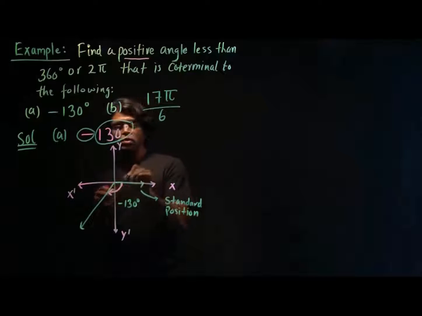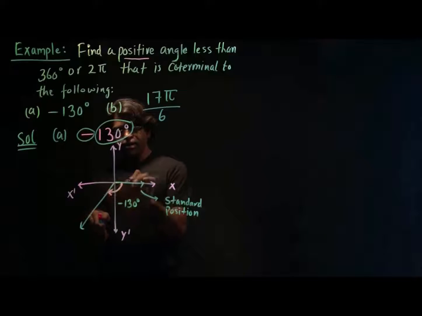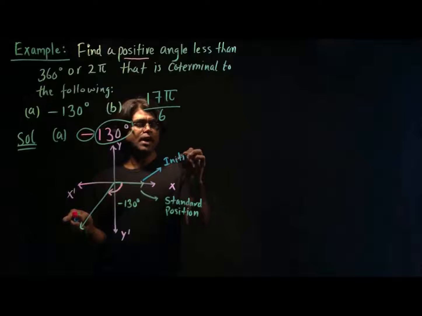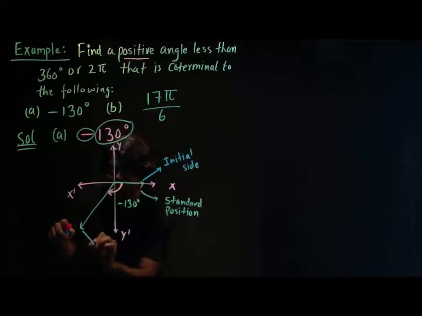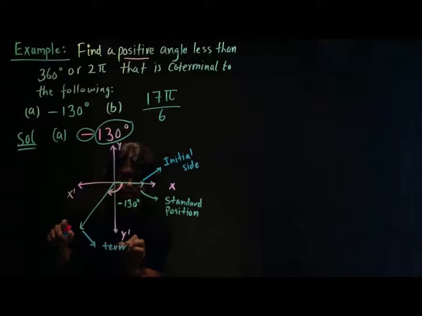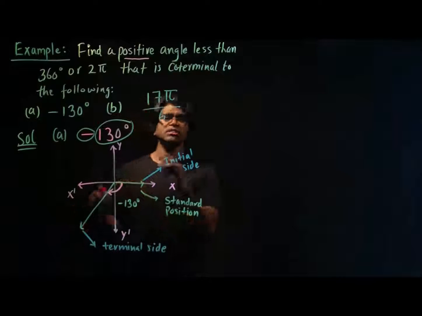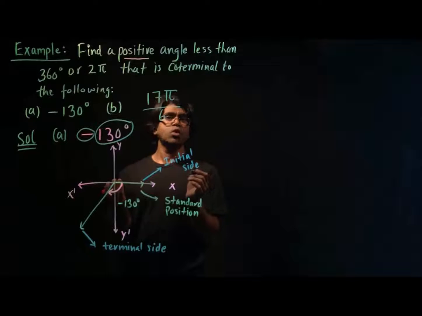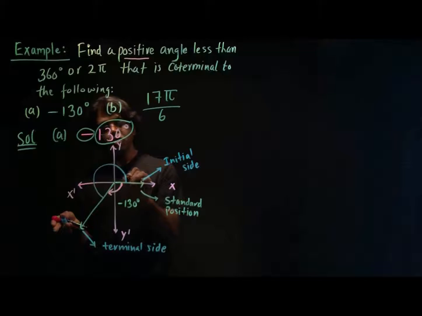If I want to keep my initial side, this is my initial side, and my terminal side, this is my terminal side, the same for the two given angles so that they can be coterminal angles, I need to go counterclockwise all the way to that side, which is this angle.